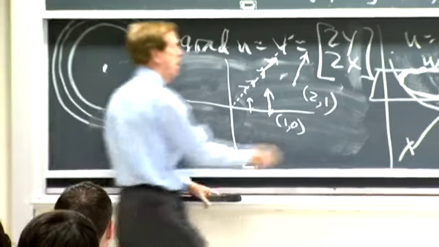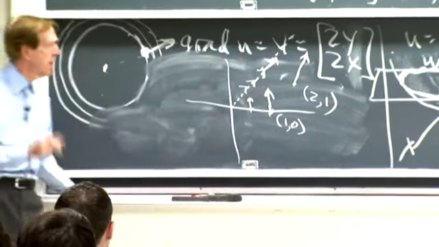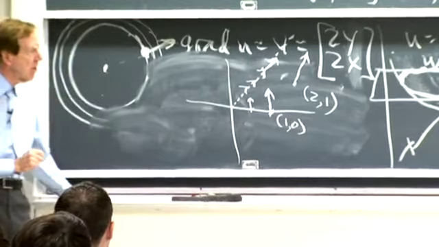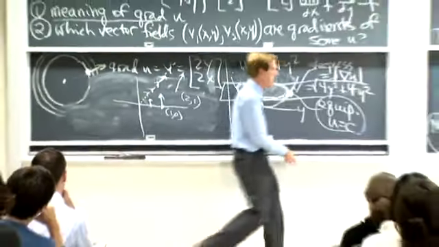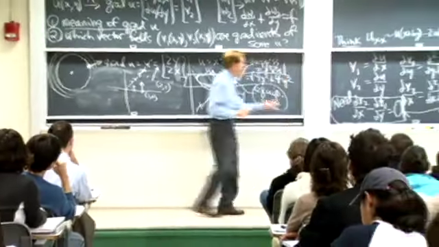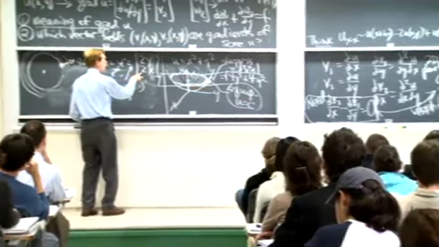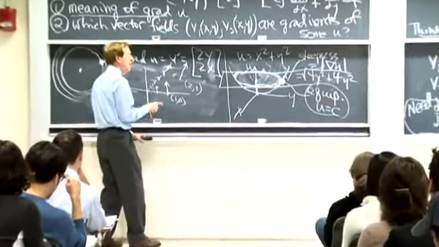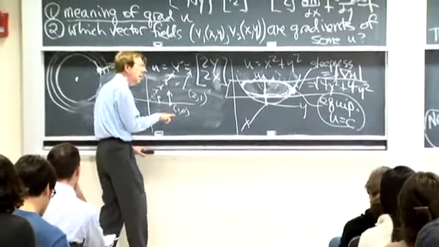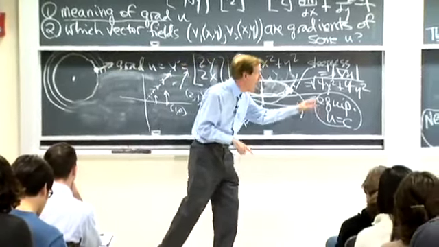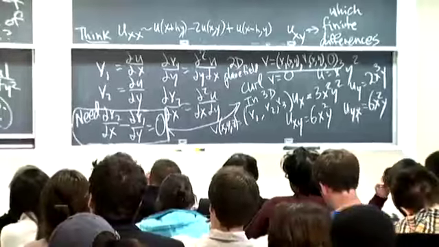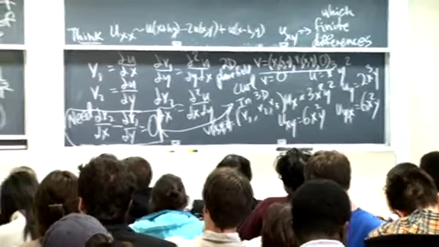Is this a gradient field? Does it satisfy the curl 0 condition that we put in a box here? There's v2 and there's v1. Is dv2/dx, whatever that test was, minus dv1/dy equals 0? Yes, no?